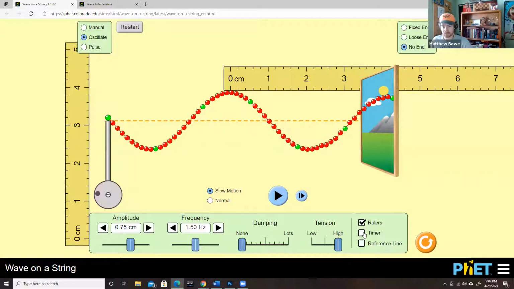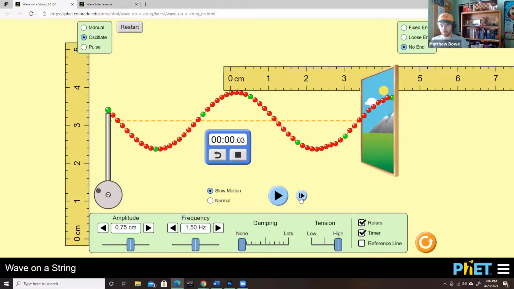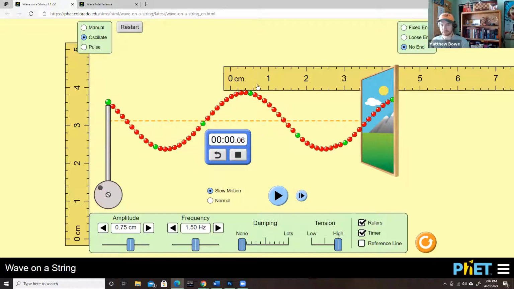I also need a timer, so let's get the timer out. Since I have it paused, I can press play on the timer and it's going to step through with each frame that I click. That makes it a lot easier to actually measure something valuable. So I can get a distance and I can get a time. Distance over time is velocity.